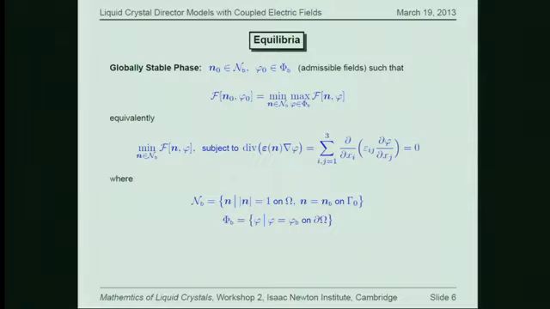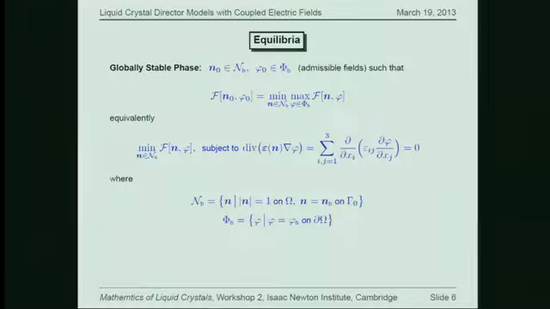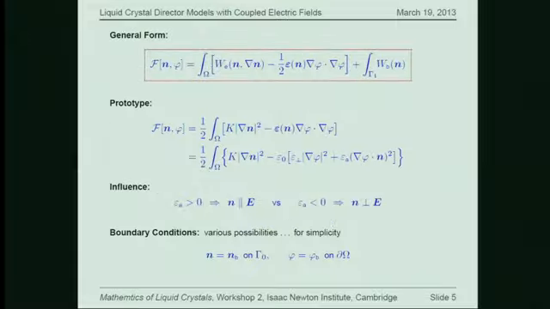The globally stable phase then, by virtue of the negative definite way that the electric field enters here, is a sort of minimax problem. It's minimizing with respect to the director variables, but it's actually maximizing with respect to the phi variables, because epsilon is a positive definite tensor.